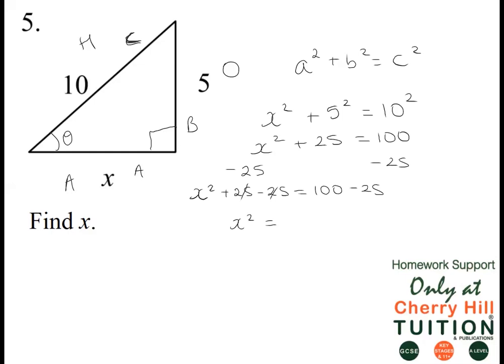And on the right-hand side, we have 100 minus 25, which is 75. Okay, now we can square root both sides, leaving us with plus and minus the square root of 75. And because it's a length, we always take the positive value, so x is the square root of 75.